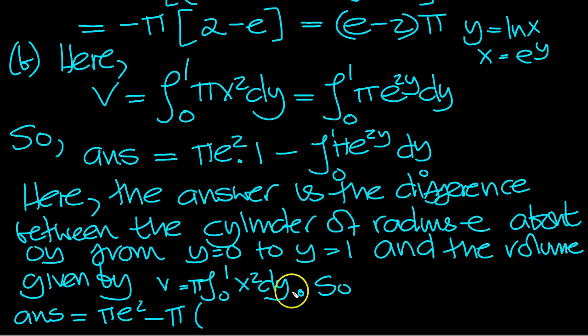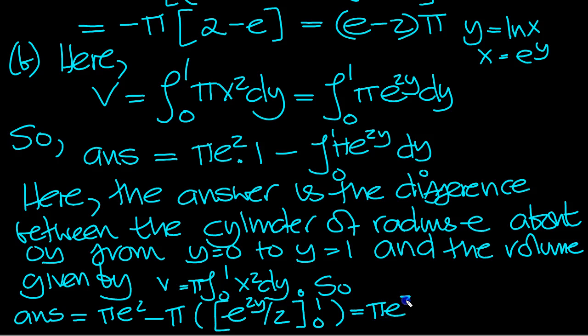bracket, e to the 2y integrates to e to the 2y over 2. And we need to work that out between 0 and 1. So that's pi e squared then, minus pi. And if we put 1 in, e to the 2y is e squared over 2.